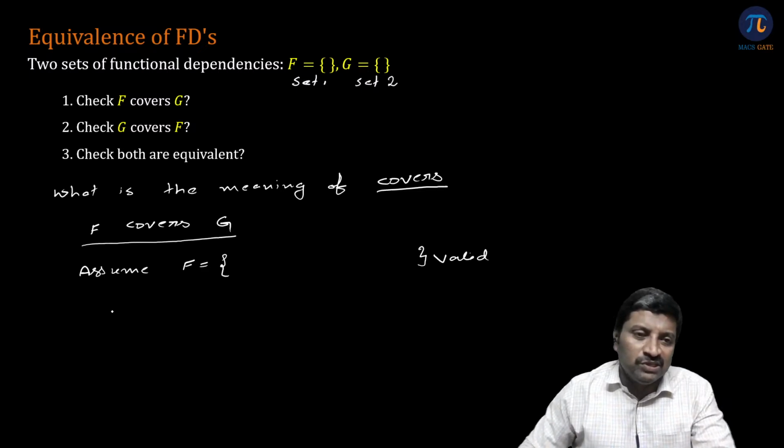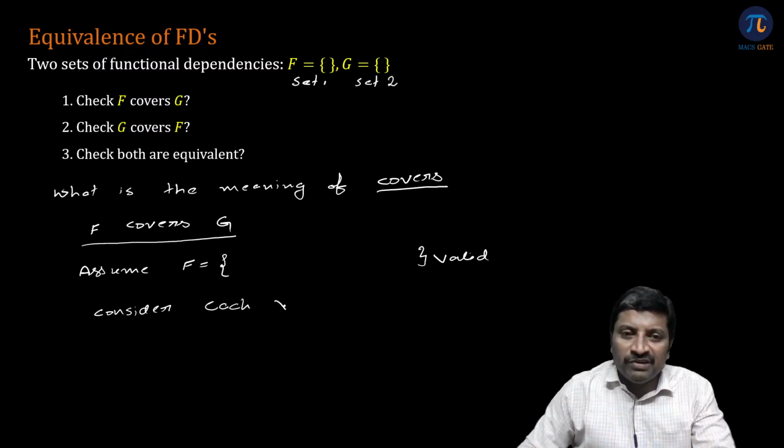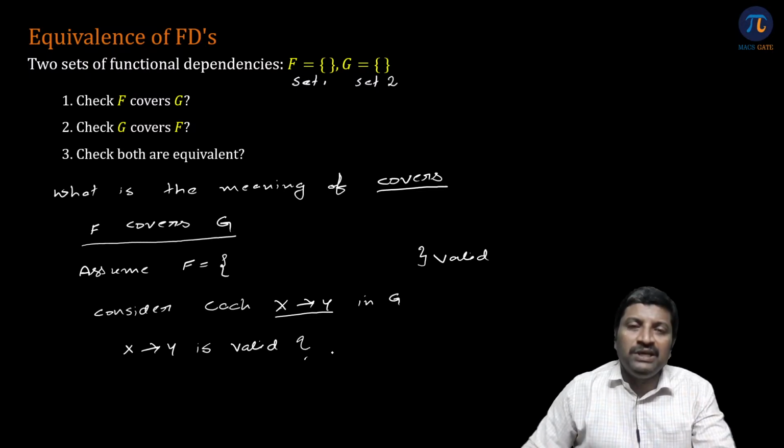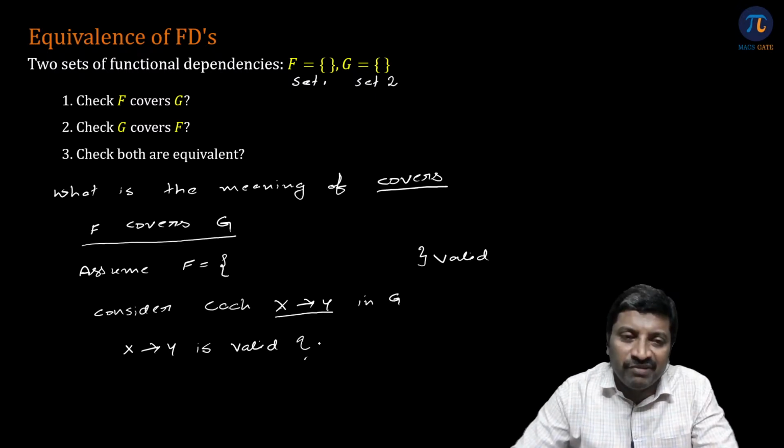Now we consider each and every FD in G. Suppose this X implies Y is a functional dependency in G. Now we verify whether X implies Y is valid.